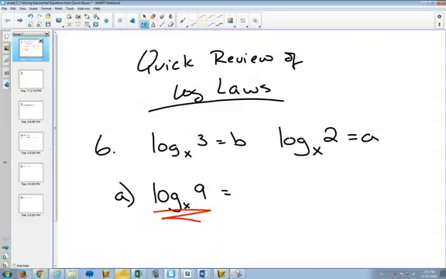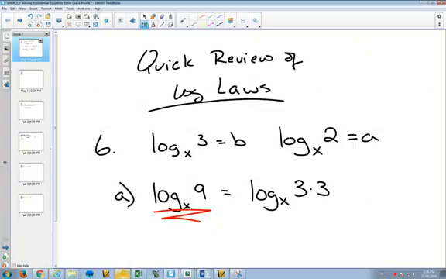So first of all, I'd probably say, well, I know log laws for multiplying, dividing, and if there's a power inside. So I'm going to see if I can rewrite 9 using only 3's and 2's and exponents. So there's a couple ways you could do that. You could say 9 is 3 times 3.